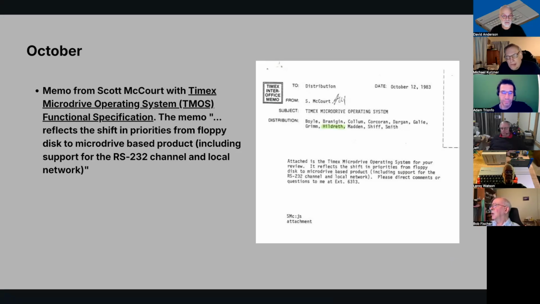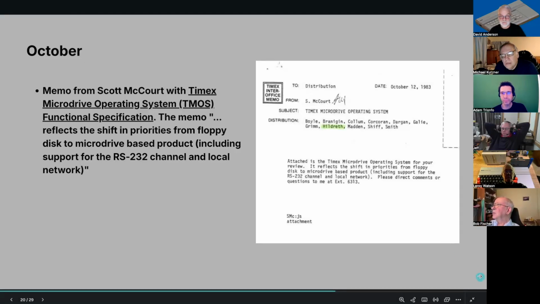One of the things we've heard over the years is that Timex at the end said they didn't think they could recoup their investment, and when they exited, Timex Computer Corporation was something like tens of millions of dollars in the hole, and that comes from payroll and doing stuff like this.